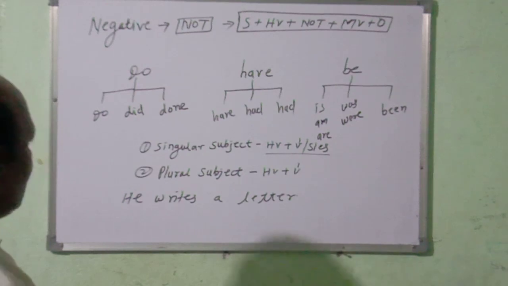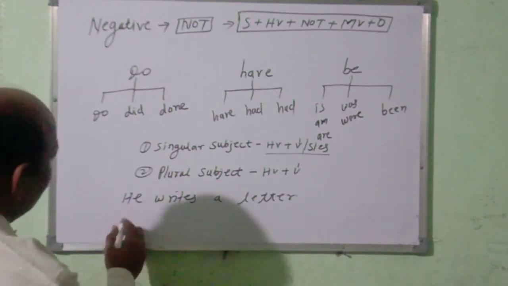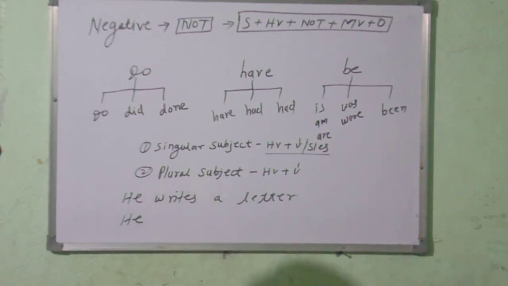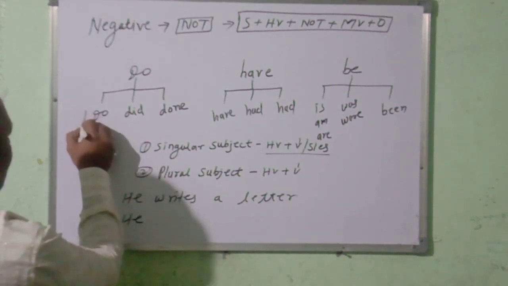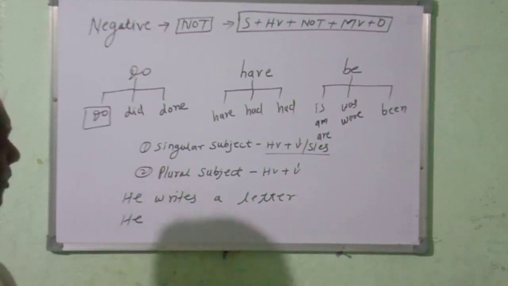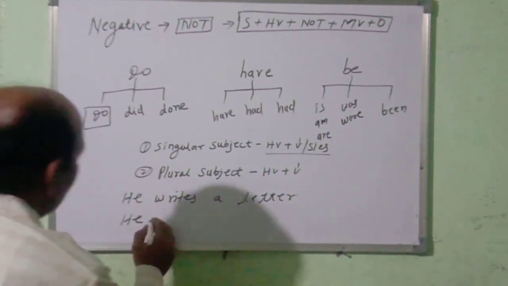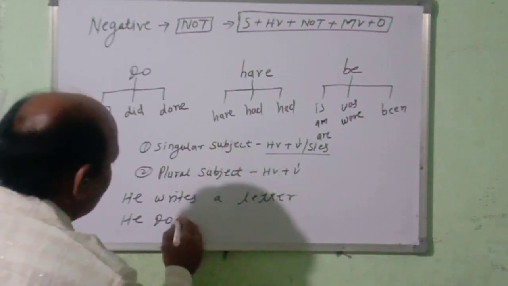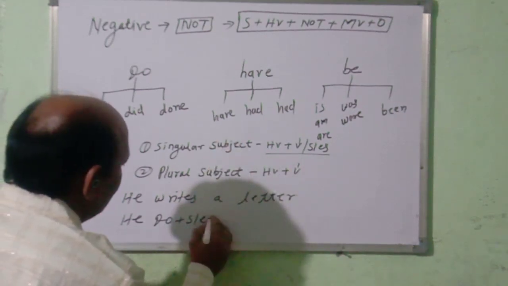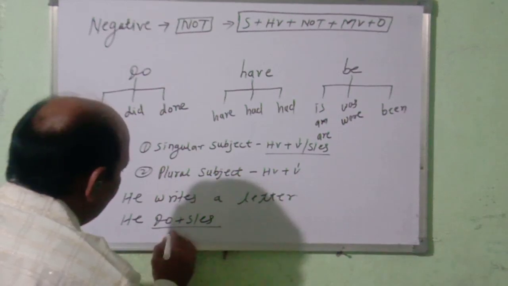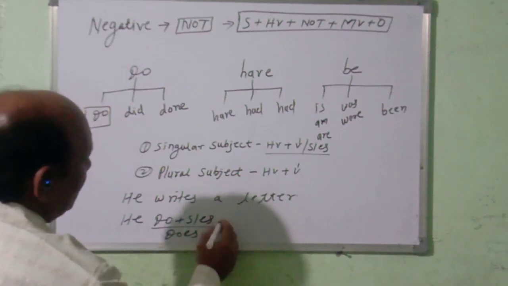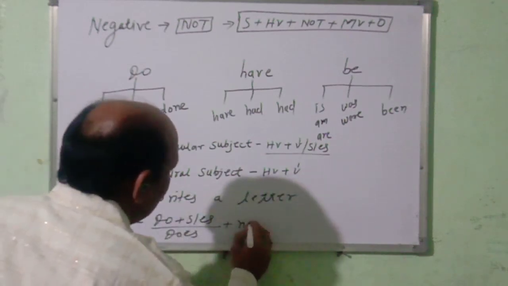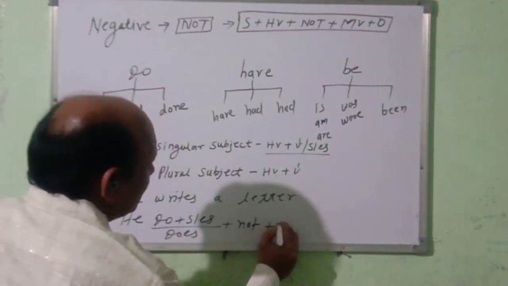So when you write "he", the first form of the primary verb is "do", plus S or ES. It means "he does". Afterwards we add "not": he does not.